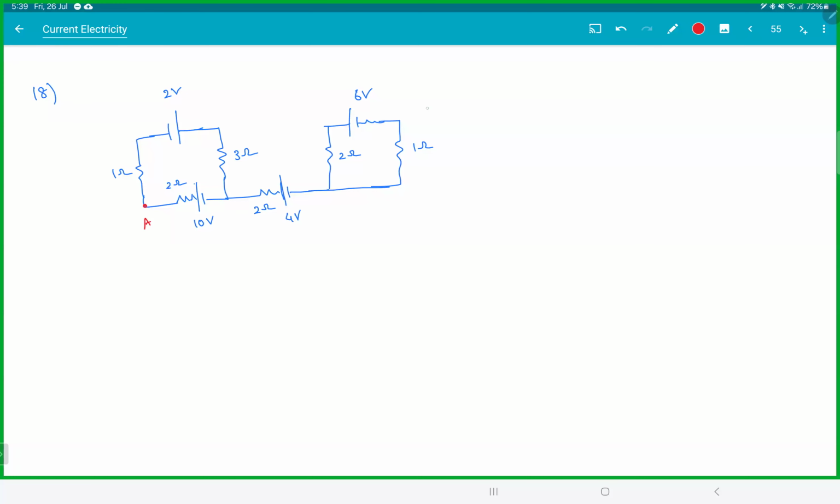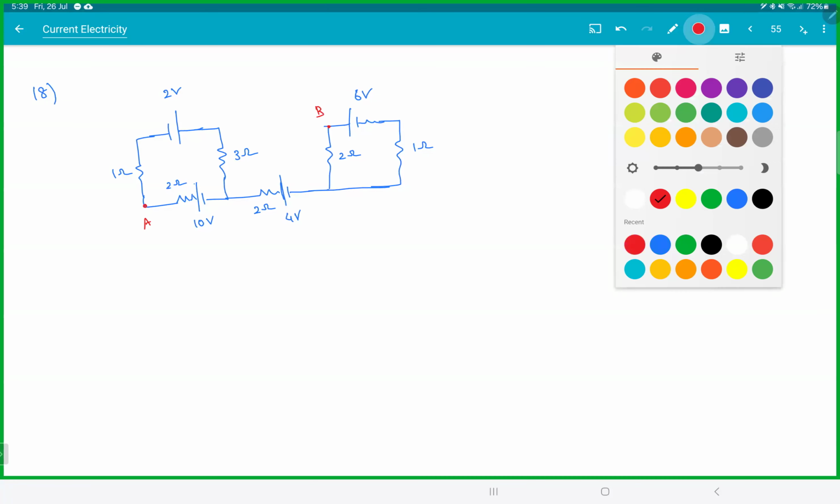This is point A and this is point B. Find VA minus VB.